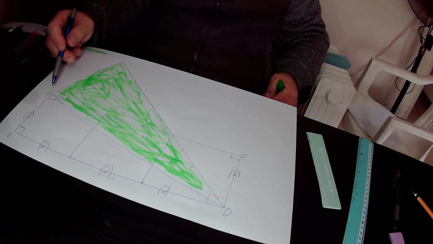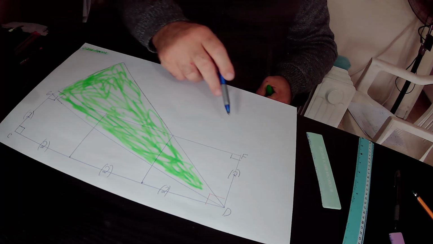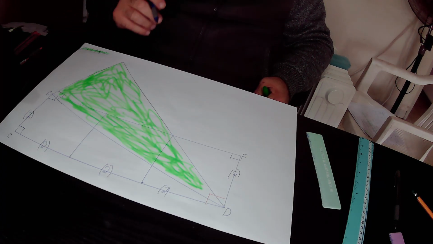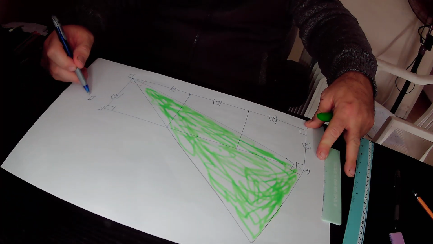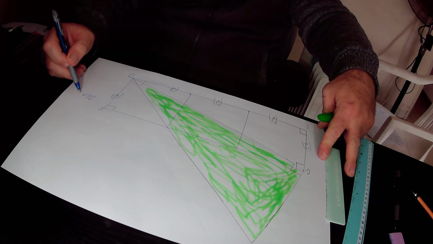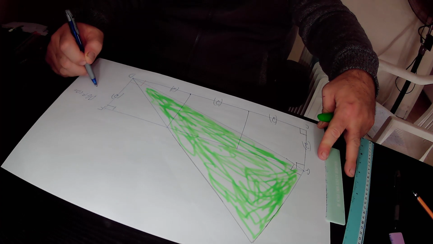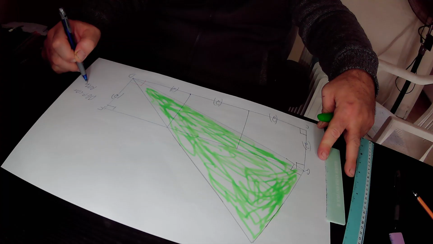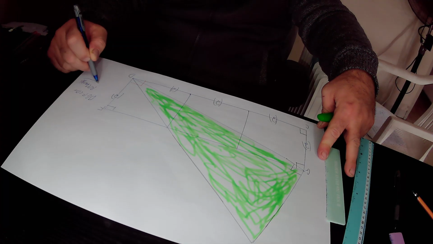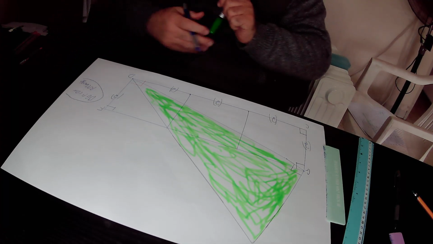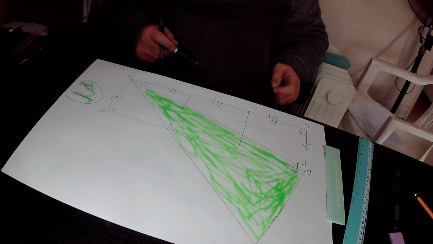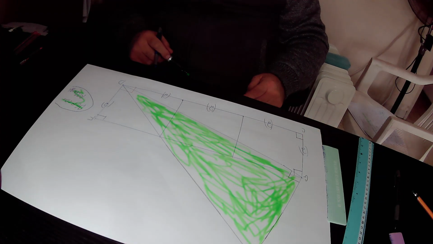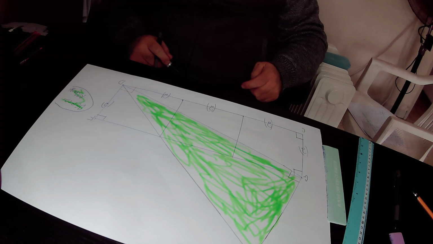So the big quadrilateral GFDC is a rectangle because it has 4 right angles. But we also know that the opposite sides of a rectangle are parallel to each other.